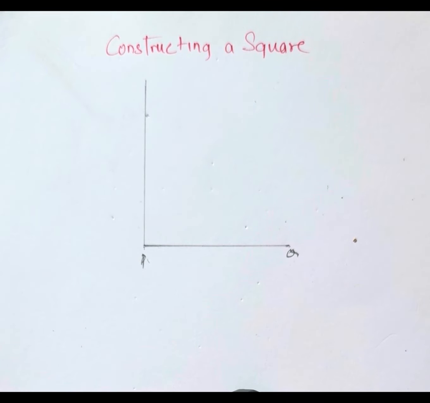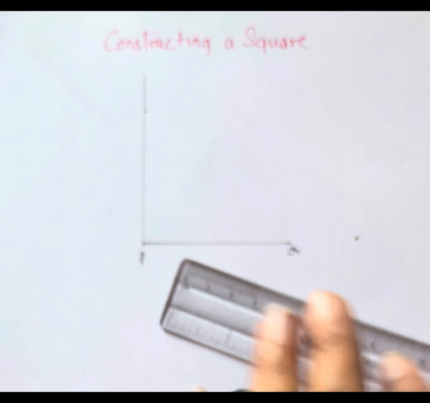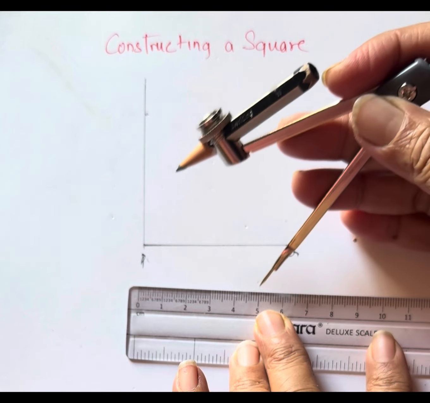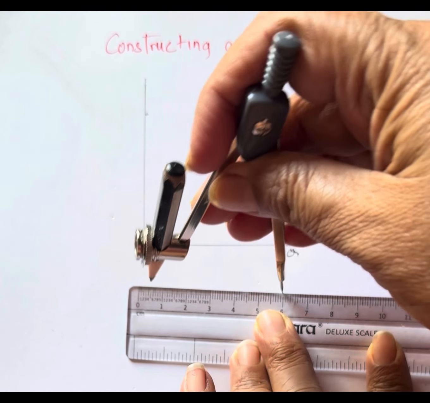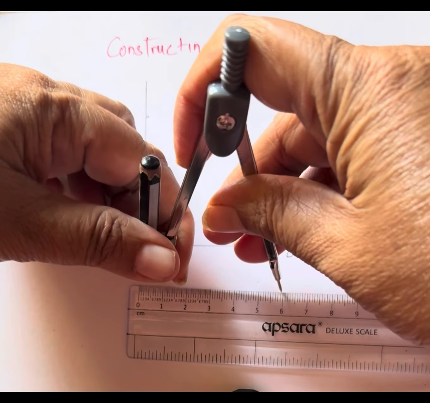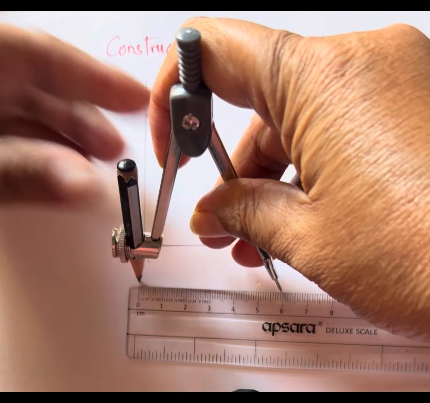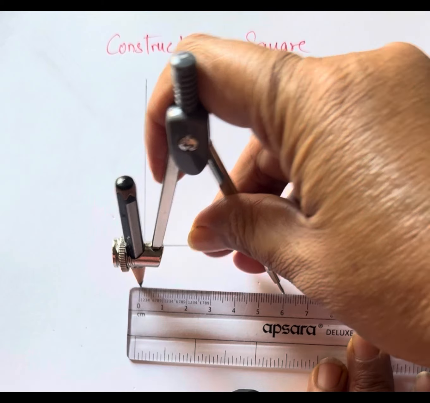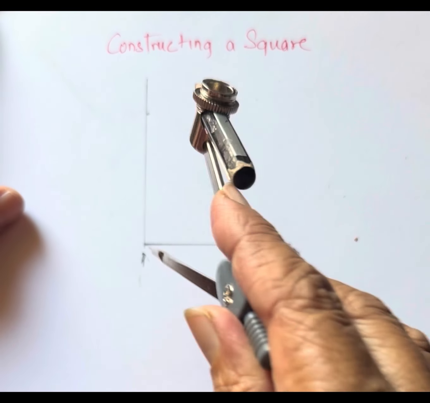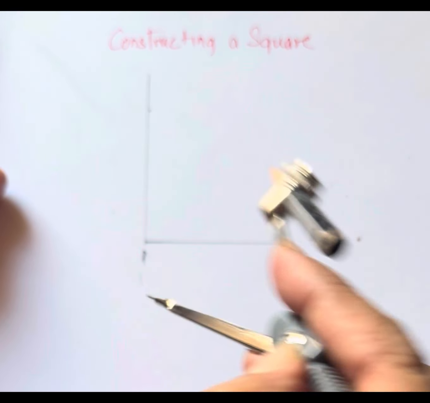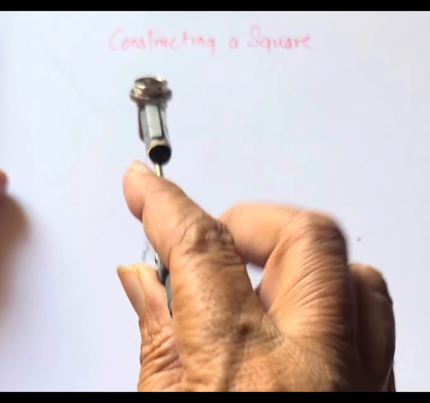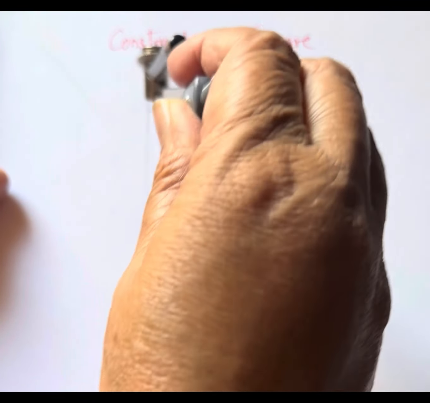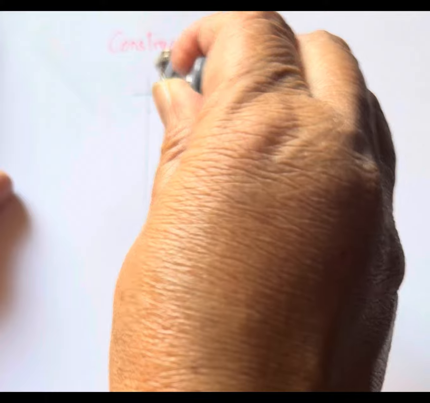So then with the help of compass and ruler, we first measure 6 centimeter. Once you have done that, mark a point S which is perpendicular such that PS is 6 centimeter.